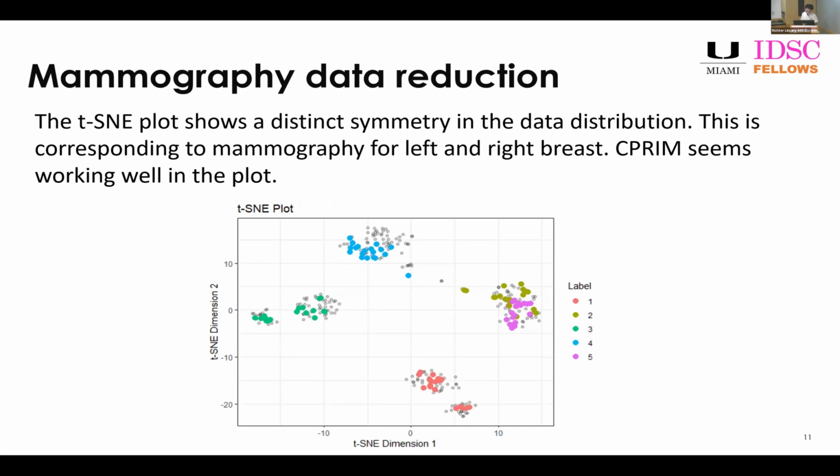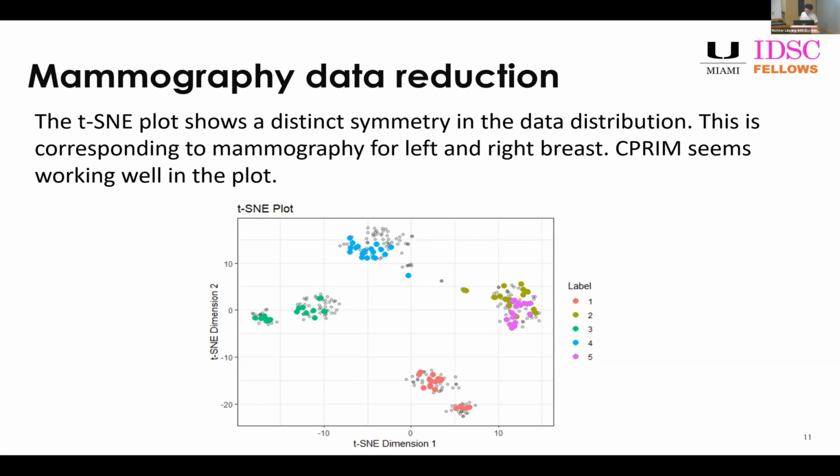Here is again the t-SNE plot for the distribution of the data. You can see that by running our algorithm, we shrink the size of the data, and we still preserve the variability. And interestingly here, there's a symmetry there. For each data island there, we will explain soon what this means. For the blue and the green dots, they are the leftovers, and all the rest are the red breast.